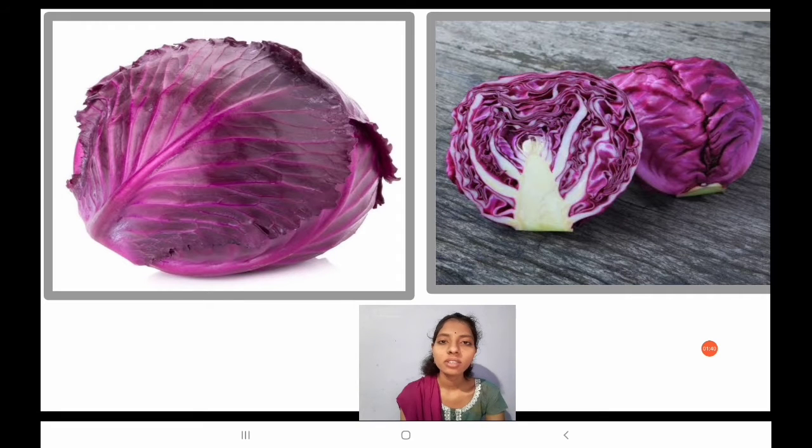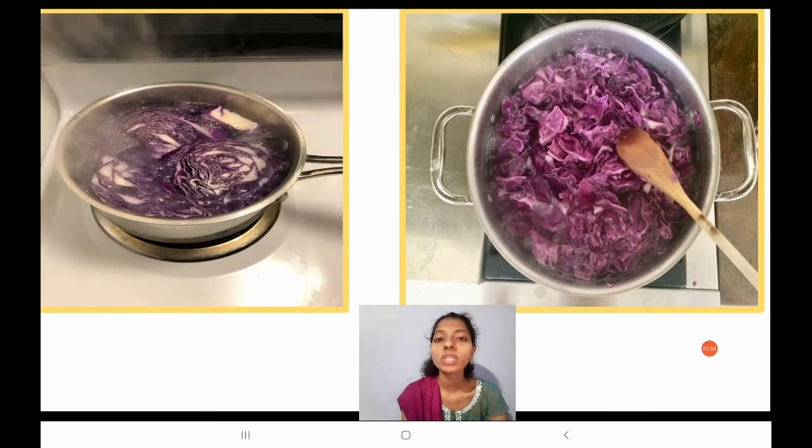You can see here, for this experiment, we are using red cabbage. Even though it looks purple, we know this as red cabbage. By using the red cabbage, we can prepare a concentrated solution. You can observe in these pictures how we are preparing the concentrated solution.